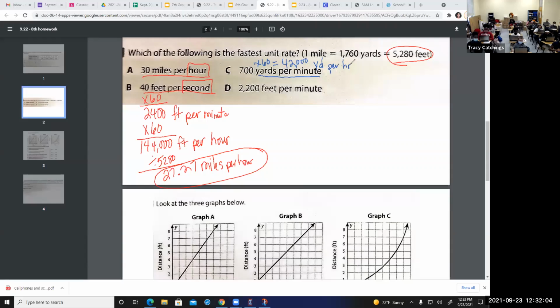Good job, yards per hour. Now we need to take that yard and convert it to mile. What are we gonna do? Divide by? Good job, 1,760, because that's what they gave us for yards. 23.86. Now we at miles per hour.